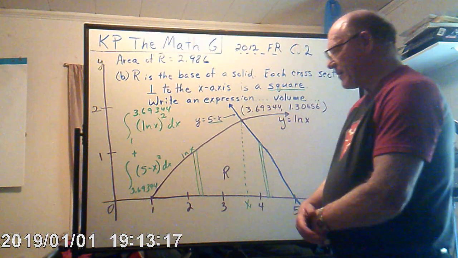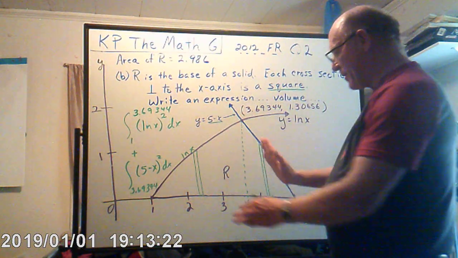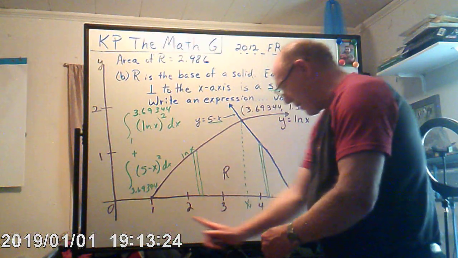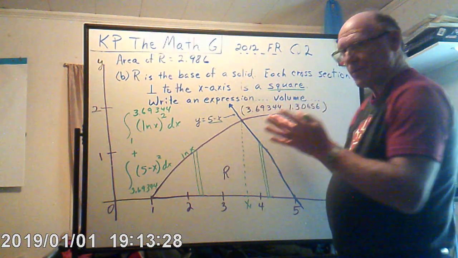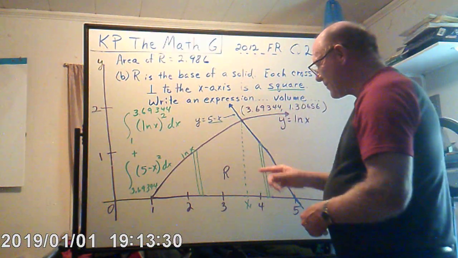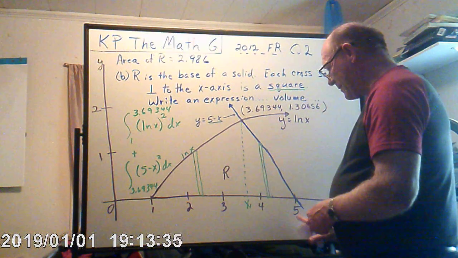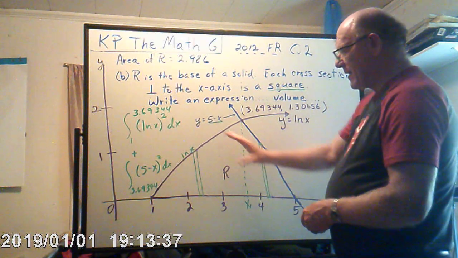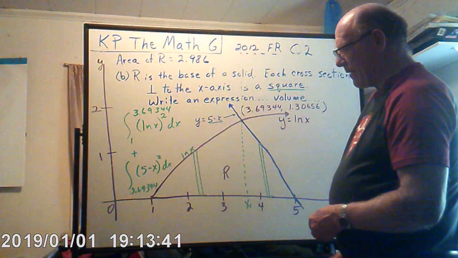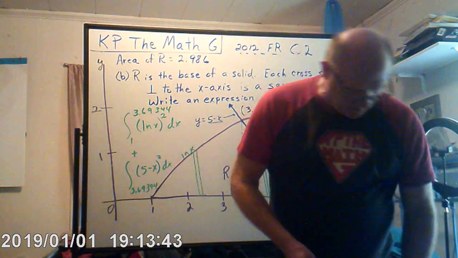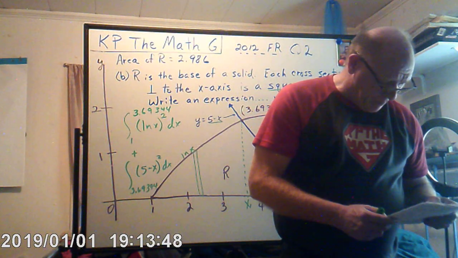But this is perpendicular to the x-axis, which means we're taking this part from 1 to x1, which is 3.69344 for the umpteenth time, and then from x1 to 5. Two partitions. That's what you're doing here, and that's what it is.